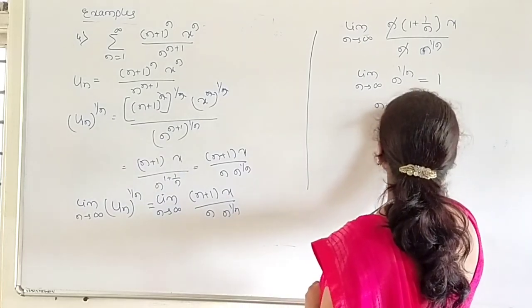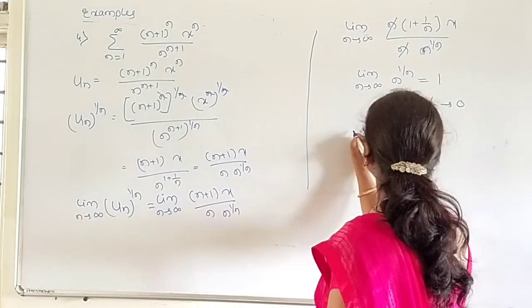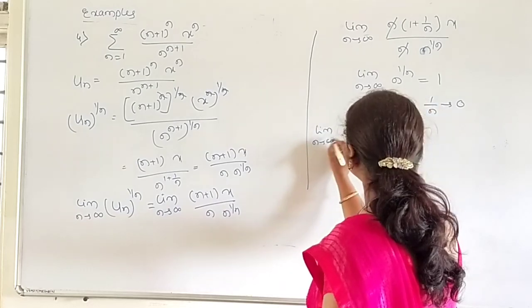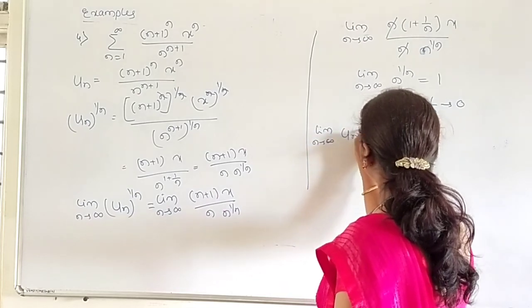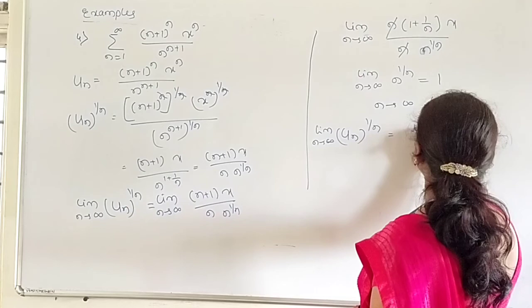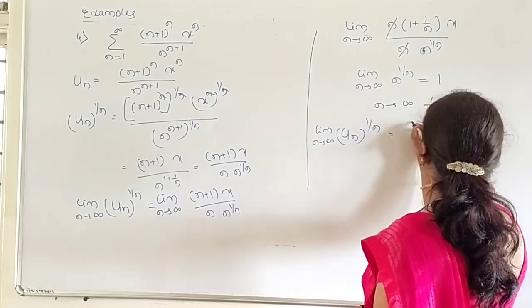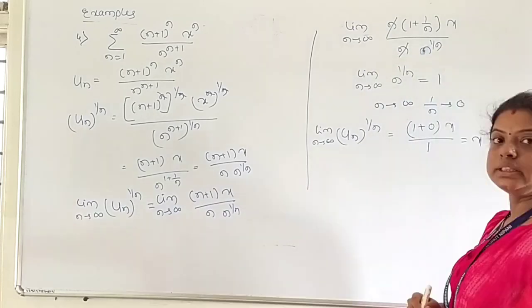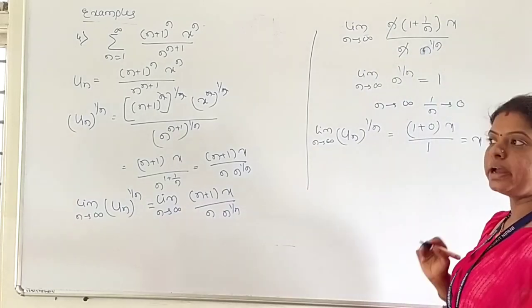Directly we substitute here, and un to the power 1 by n becomes 1 plus 0, the x you keep as it is. The denominator term becomes 1. Means the value of this limit becomes x.